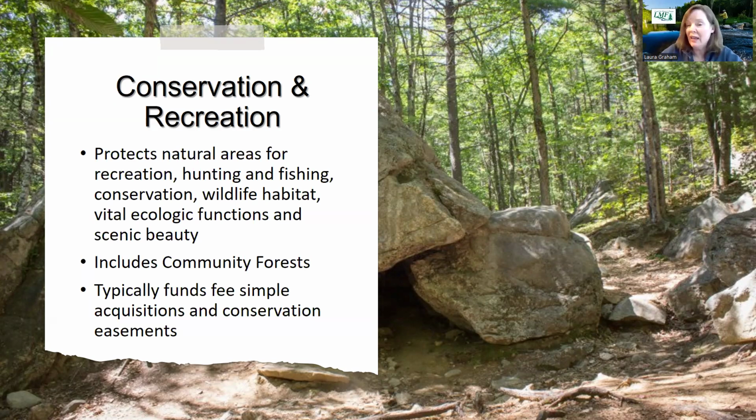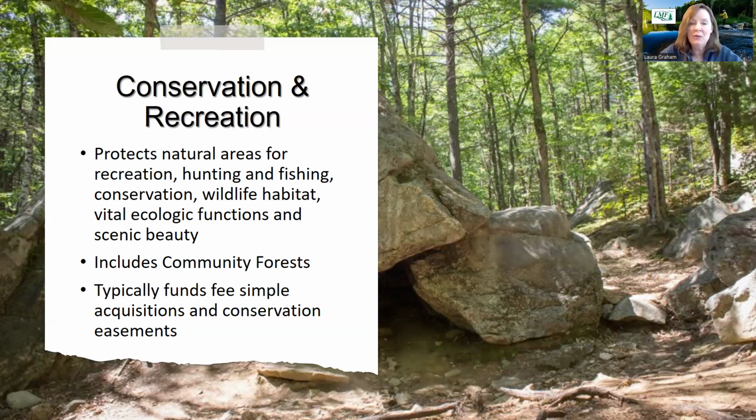They can be fee simple direct title acquisitions, or they can be if the town conveys a conservation easement, for example. This is a picture of the path up to Jockey Cap in the town of Fryeburg. The town of Fryeburg in this instance partnered with Upper Saco Valley Land Trust.